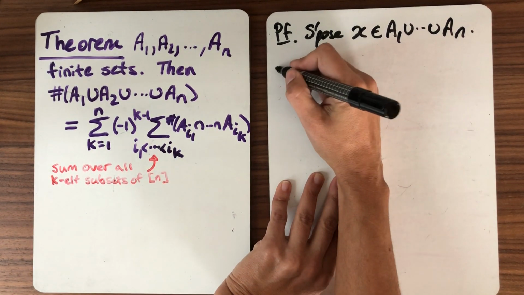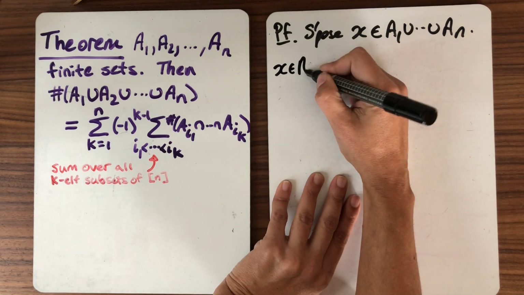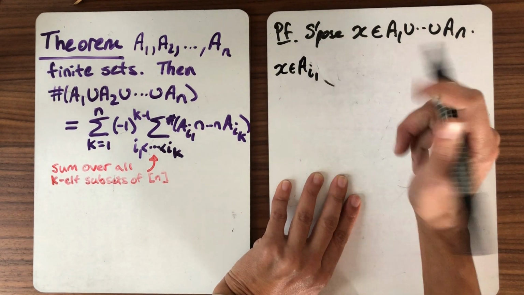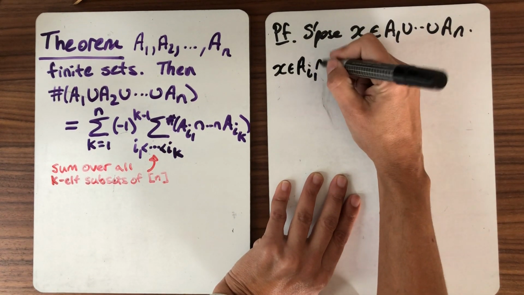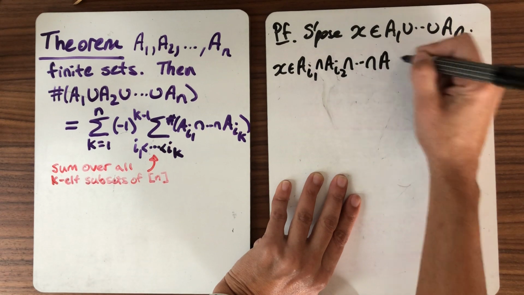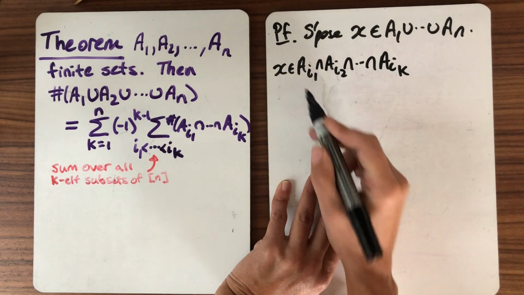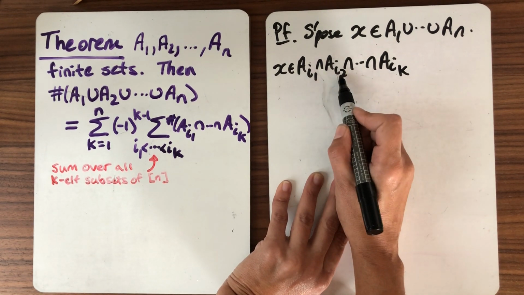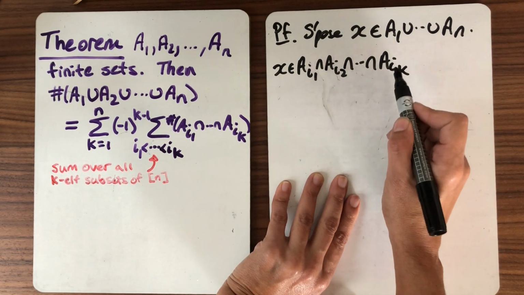Well, we need to know more about x. Let's suppose that x is in A_i1 and A_i2, and all the way up to A_ik for some k. These are the sets that x belongs to. Say x is red and it's a T-Rex and it's super tall.